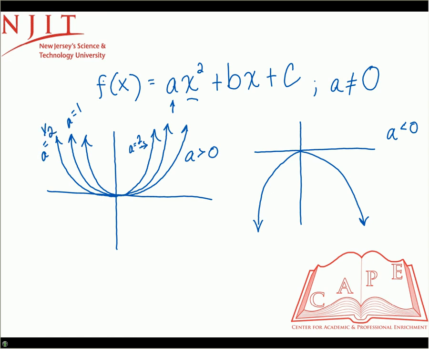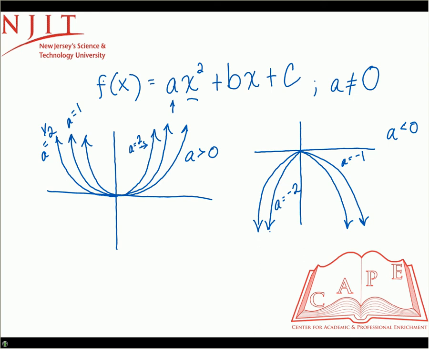The same goes for the negative. Say a is equal to negative 1. Now if a was negative 2, it would go smaller, or more narrow. I know it's a little bit contradictory to what we would expect, so you have to keep thinking to yourself, the bigger the a value, the more narrow your parabola is, and vice versa.